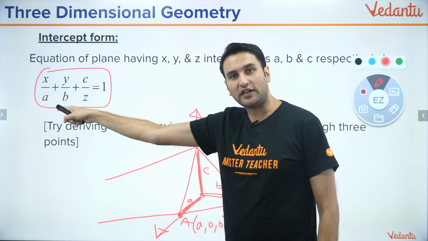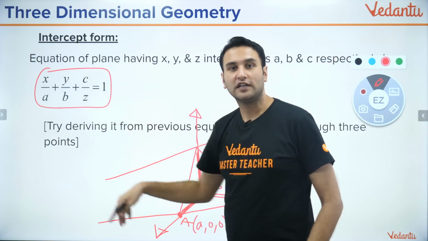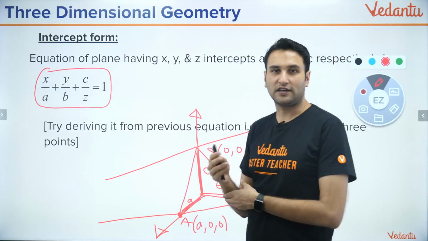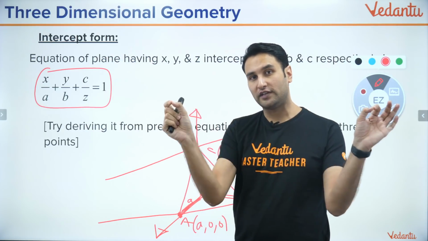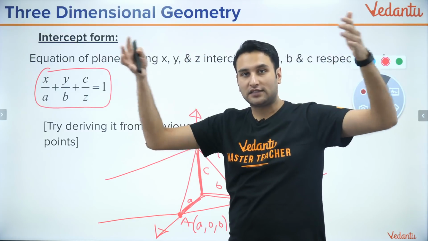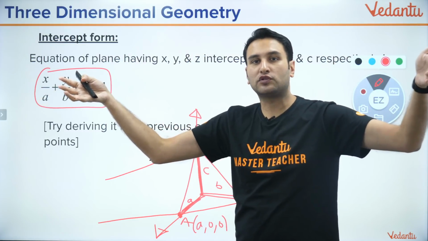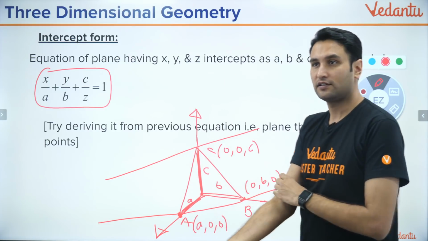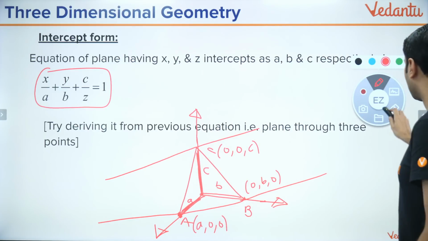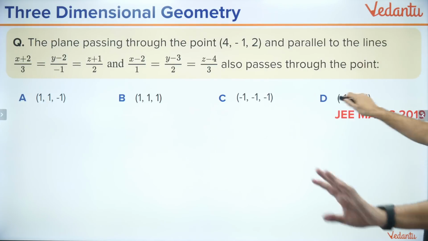So it is actually what we learned in the previous page, but this is just a result which you remember. This is extension of straight line in 2D. So the plane in 3D actually looks like the straight line in 2D in terms of the results. ठीक है, आगे बढ़े, चलो. Do this.